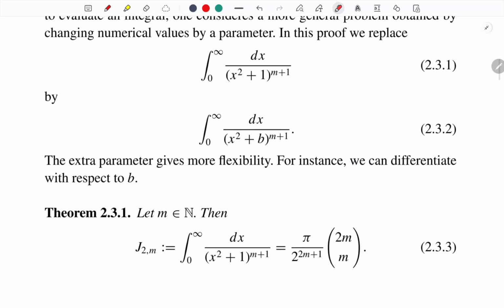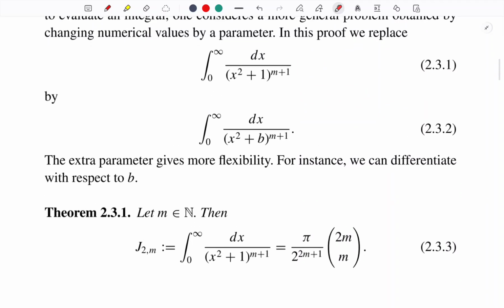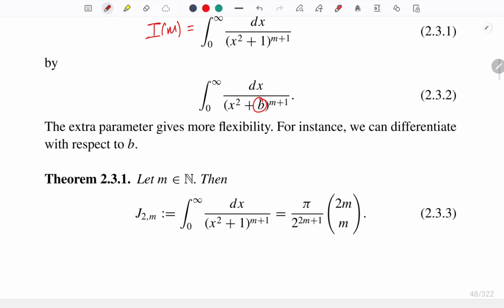So it's a parameterization. Let's call it I of m, for our preference. And again we introduce a parameter here as b, and b could be anything. The extra parameter gives more flexibility. For instance, we can differentiate with respect to b.